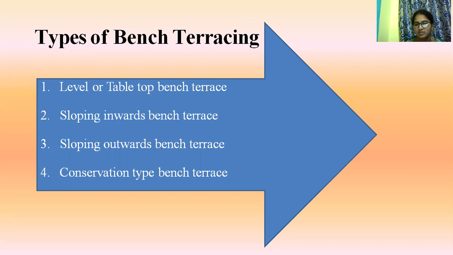Shallow means very small depth, while deep means larger depth, so we use outward bench terracing for shallow soils. Then conservation type bench terracing conserves the soil. The California type of terrace is another method also used for bench terracing. You can discuss that in the next classes.